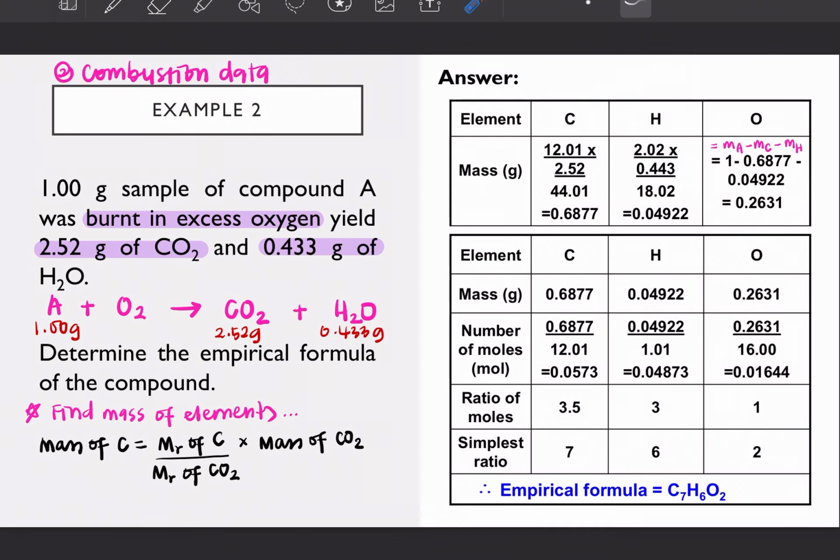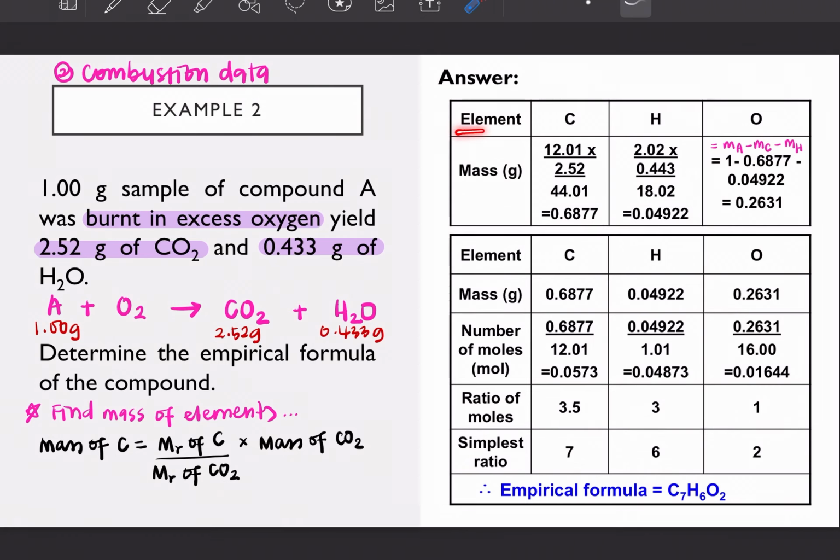So, you must find the mass of your elements, carbon, hydrogen and oxygen. So there is one more extra step before you go into the mole table. You use the mole table. So look here, there is an answer.